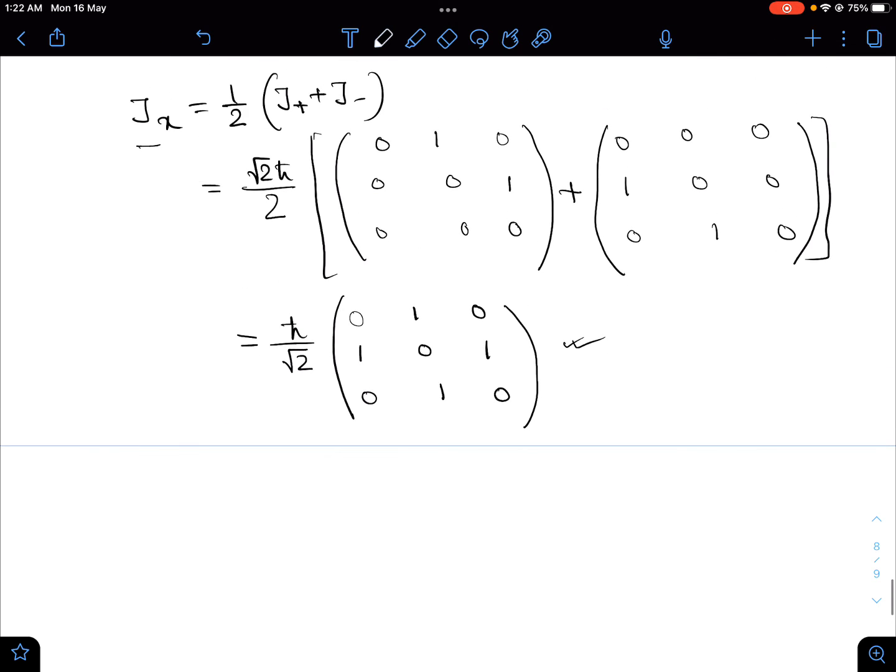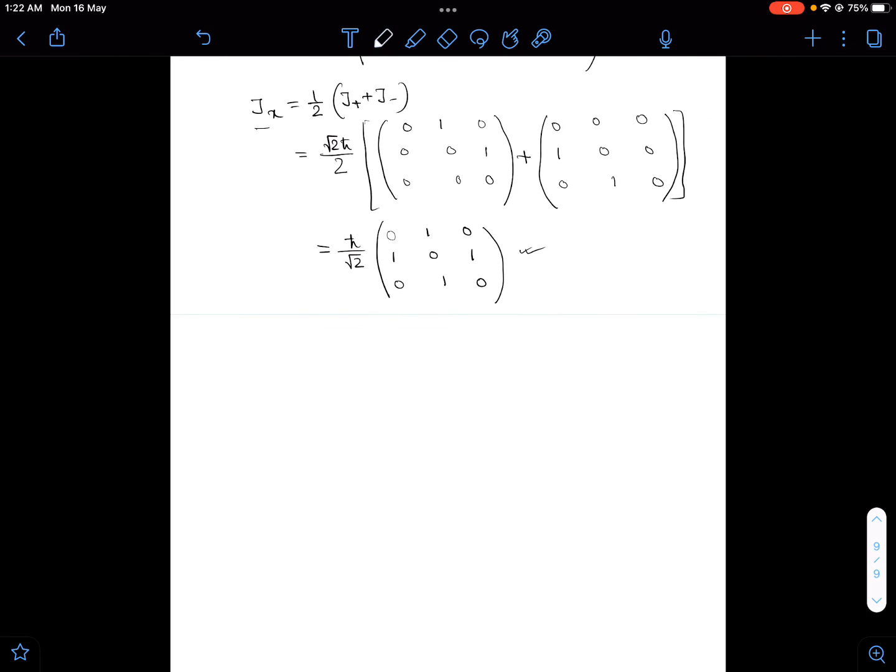And what will be the matrix representation of jy? So jy we know is defined as 1 by 2i j plus minus j minus. So if we do a similar type of calculation, we will get h cut by root 2i, and here we will have 0 1 0 minus 1 0 minus 1 0 1 minus 1.